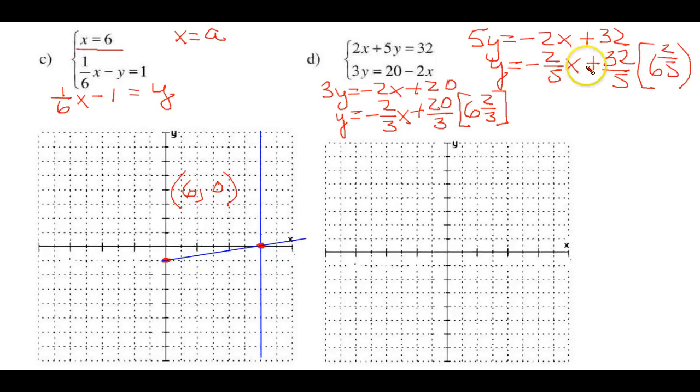I believe the ones you're going to get are much easier than this. But our slope is a negative 2/5, and this is our y-intercept, which is 6 2/5 here. Here our slope is a negative 2/3, and our y-intercept is a 6 2/3. So let's see what this comes out like.